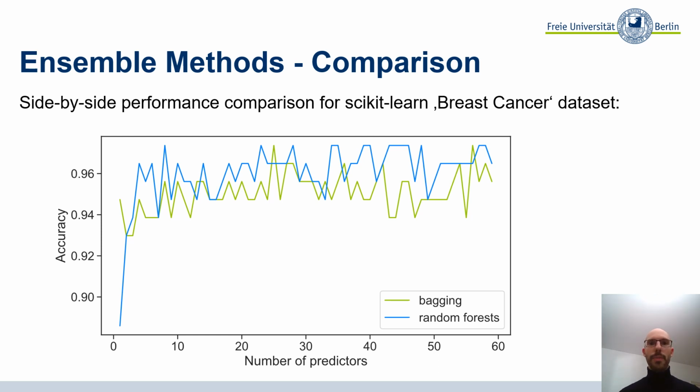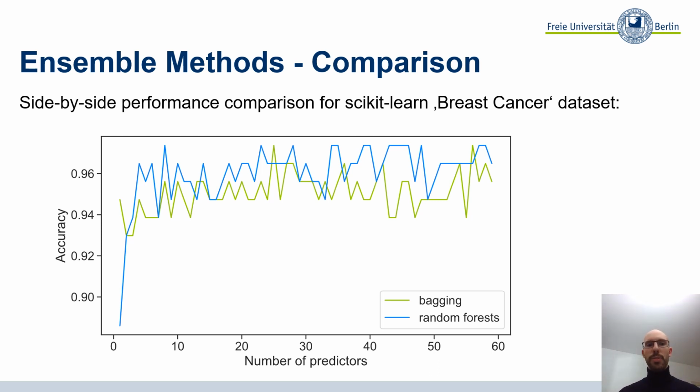So they are actually very small regression trees. And then I performed bagging and built random forests with those tree stumps, so to speak, for a different number of weak predictors. And I looked at the accuracy of the bagged or random forested predictors.